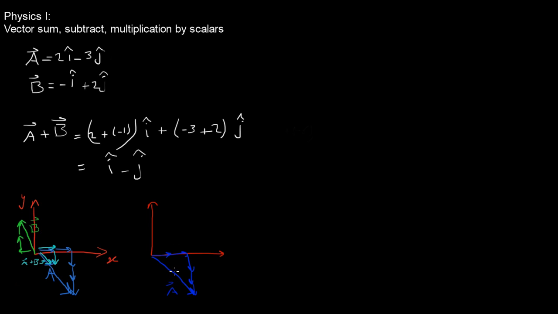Now I go one back, because B is minus i, and then 2j hat, 1, 2. Now vector A plus B is just from the very beginning to the very end. So I started from here, so this is my very beginning. I went down here and then went up here, so this is the vector A plus B, and it's the same as what we got here.